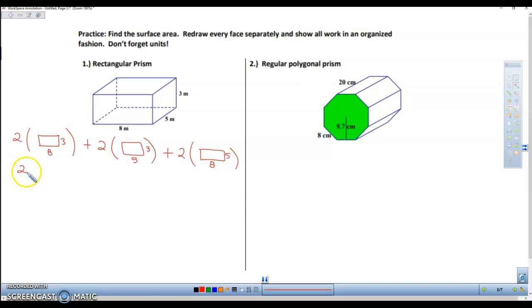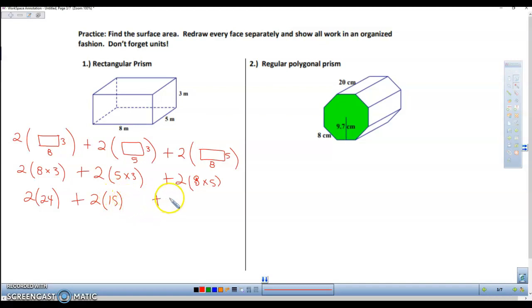So here, each rectangle has dimensions 8 by 3, plus each of these rectangles had dimensions 5 by 3, plus this rectangle has dimensions 8 by 5. And I'll do my math. There are 2 24 square meter areas, plus 2 15 square meter areas, plus 2 40 square meter areas.